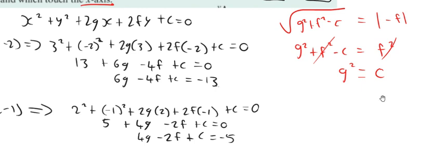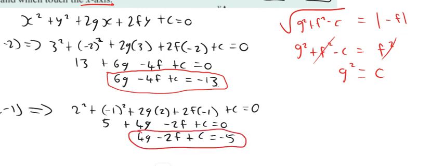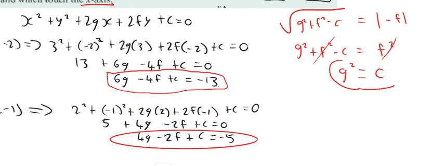So we've got 3 equations now really. We've got this one here, and this equation here, and then we've got the equation g squared is equal to c. We're going to use all of those.